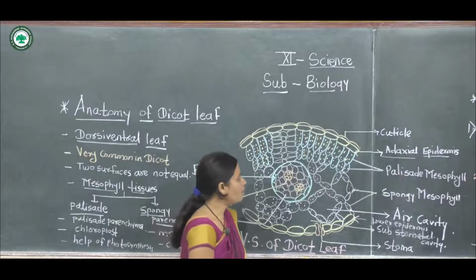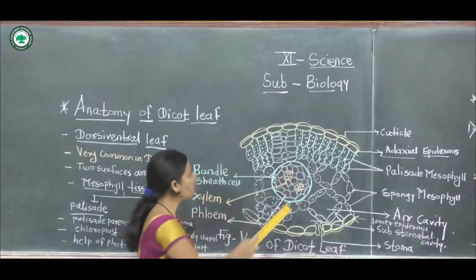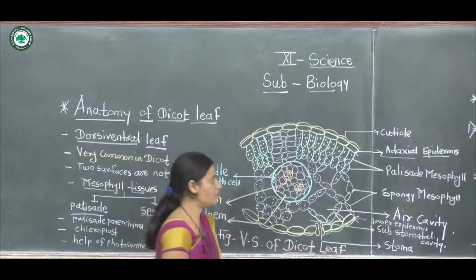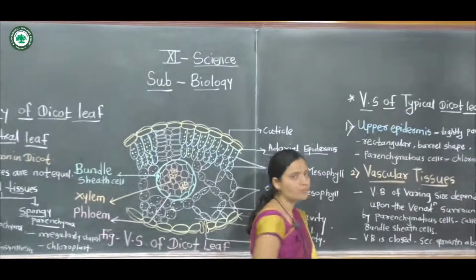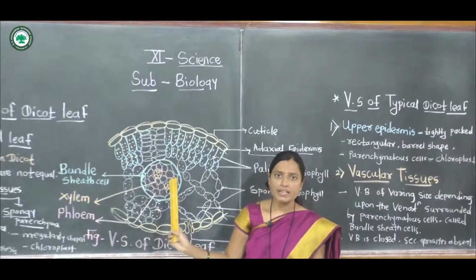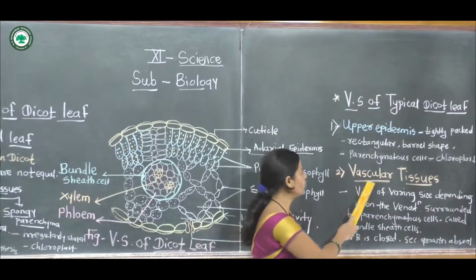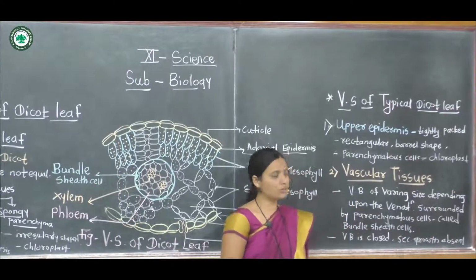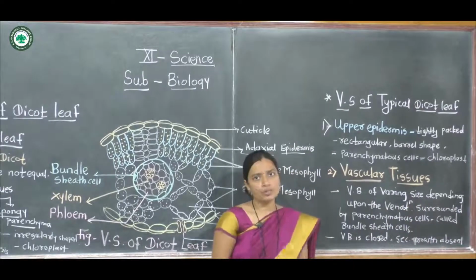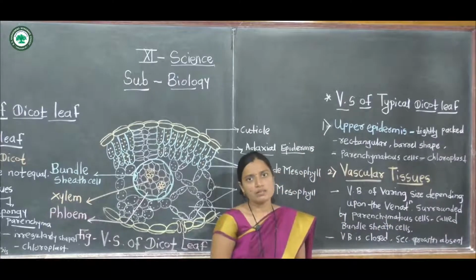Now the next part in this dicot leaf, the important part in the middle of the leaf, is called the vascular bundles. These vascular tissues are found in the central part of the dicot leaf, and they vary in size depending upon the venation of the plant.